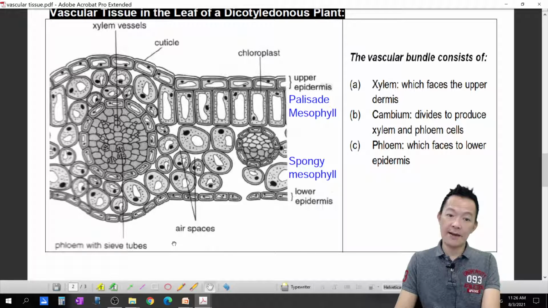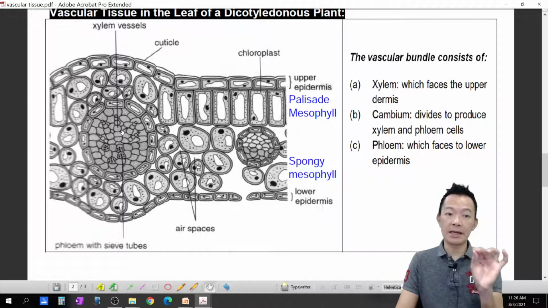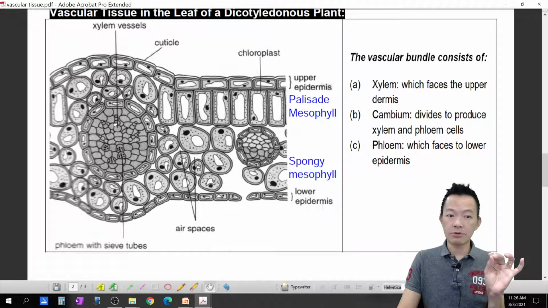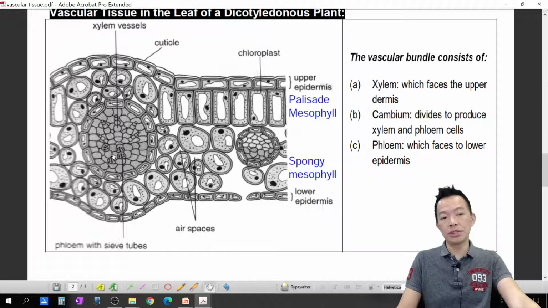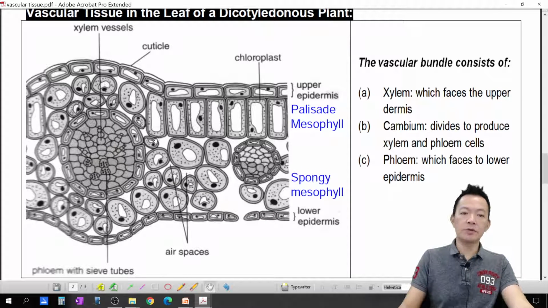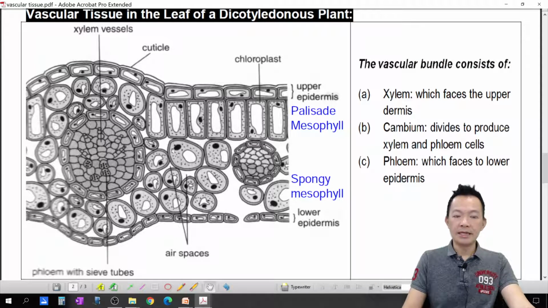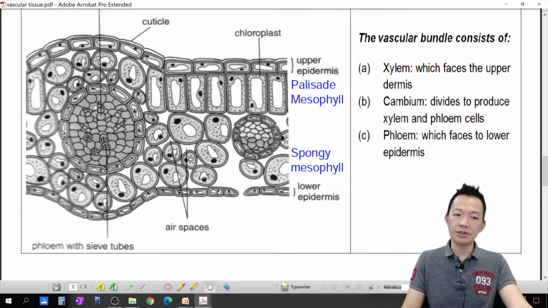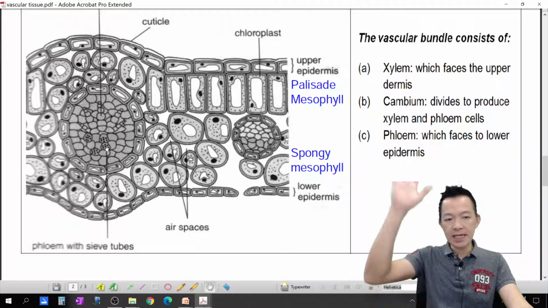This is xylem and phloem tissue, and the whole group is what we call the vascular bundle.